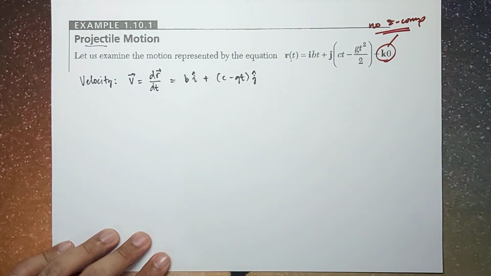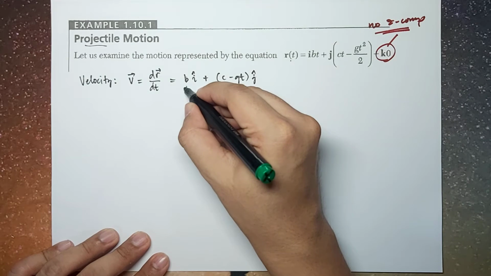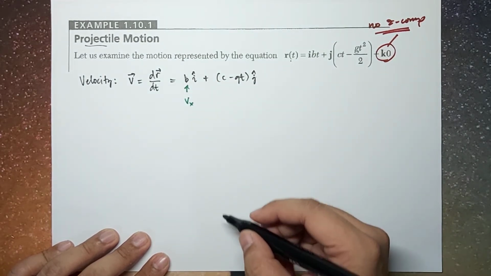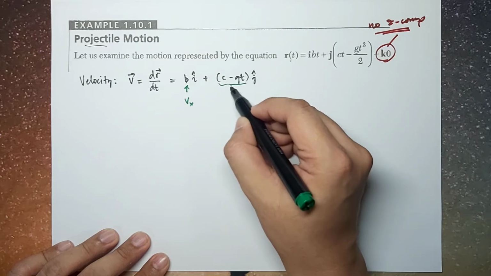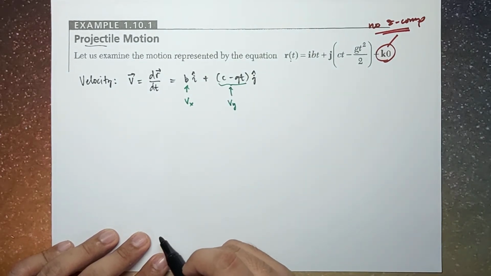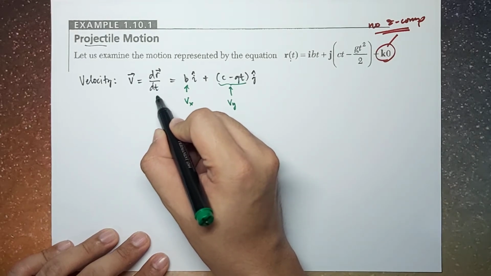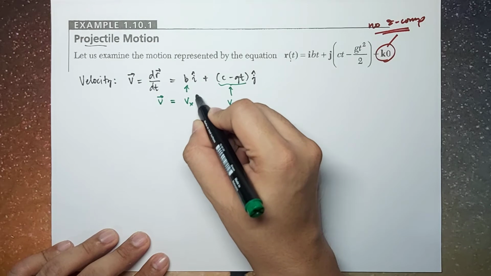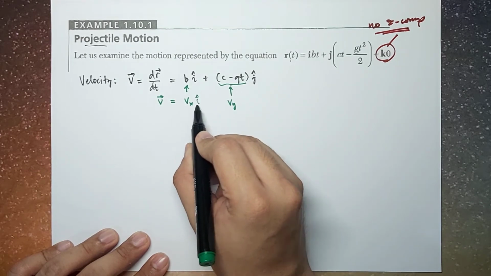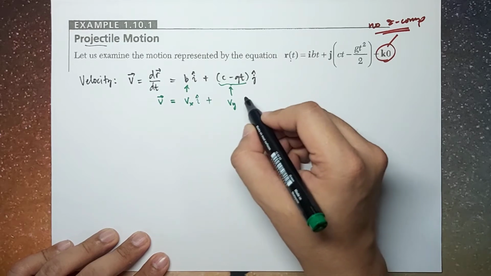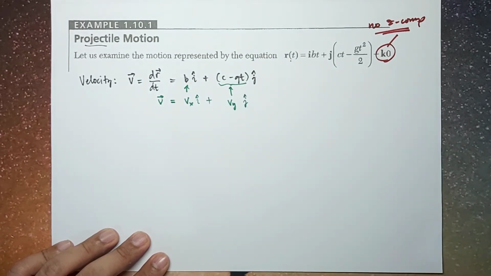From here we can identify that this is the x component of the velocity vector and this is the y component of the velocity vector. In other words, we can represent the velocity as the x component of the velocity plus the y component of the velocity.